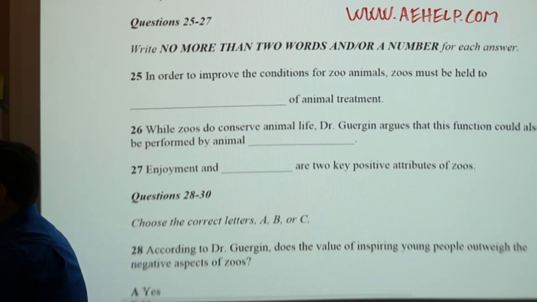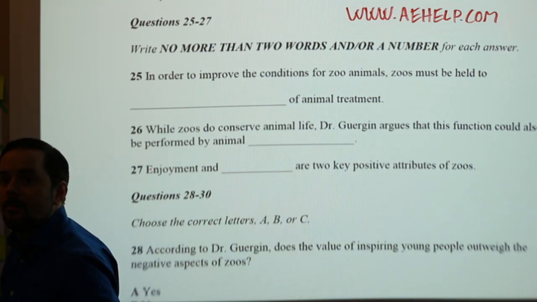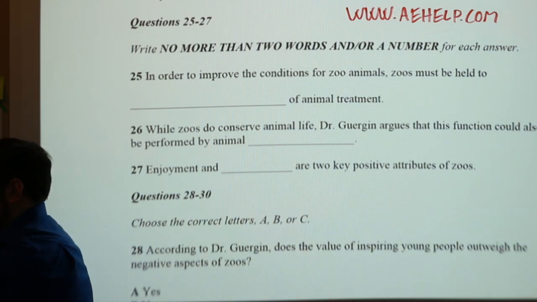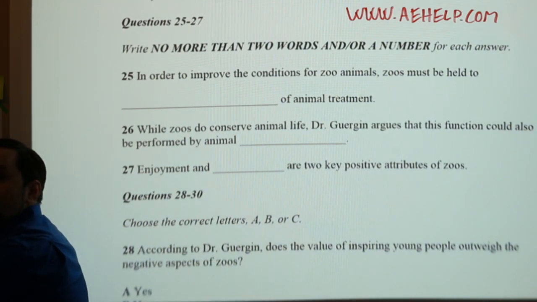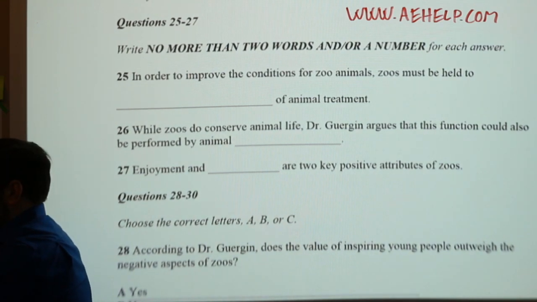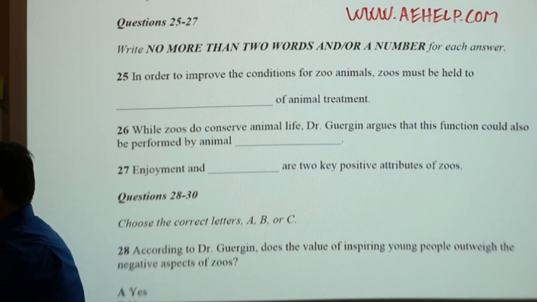Zoos often employ some of the leading experts in the field who are best equipped to carry out this important task. It is for this reason that I believe zoos are justified. Though they may not be perfect, I believe zoos and the experts they employ play a critical role in the conservation of species and therefore are ethically permissible.